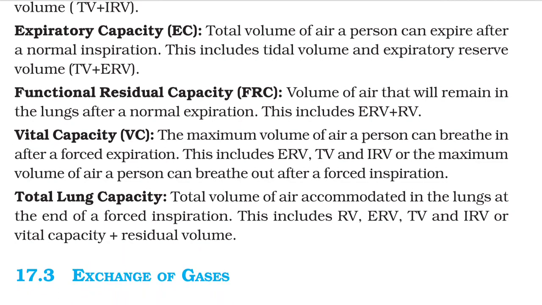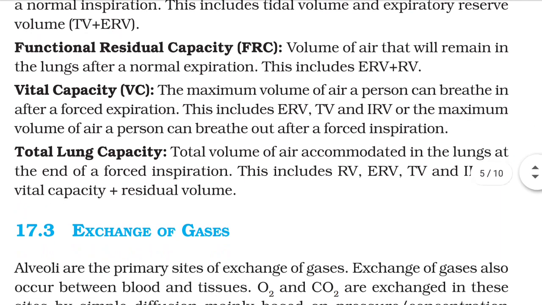Next, expiratory capacity. The total amount of air a person can expire after a normal inspiration. This includes the tidal volume plus expiratory reserve volume. Tidal volume is around 500 and the expiratory reserve volume is 1000 to 1100. So go with 1100 plus 500, 1600 is the capacity. Next, functional residual capacity.